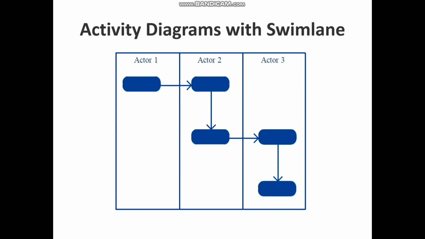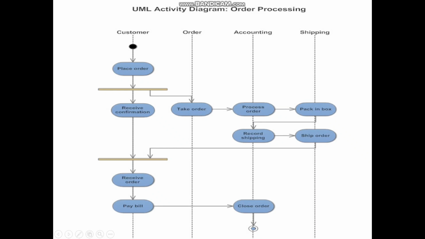Means we diversify and differentiate use cases performed by several actors so that it is easy to understand visually what tasks are performed by which actors. This is an example of activity diagram of order processing. It is basically bifurcated into swim lanes so that it is easy to understand which actor is performing which use case.